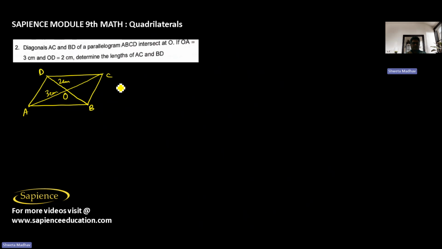Now we know that the diagonals of a parallelogram always bisect each other.